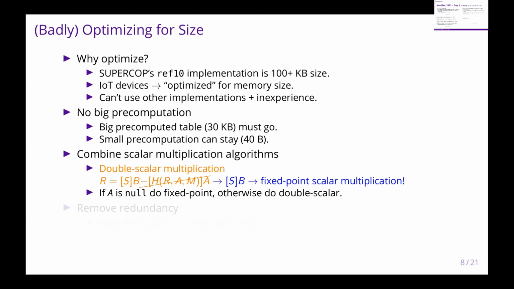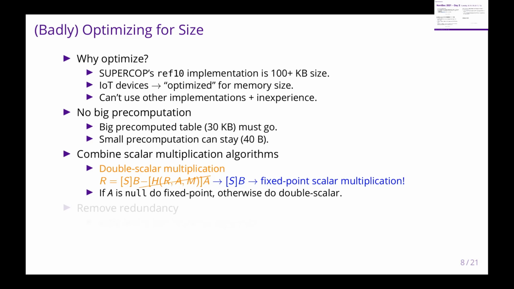Another bad optimization that we could do is to use the double scalar multiplication also as a fixed point scalar multiplication. So in our API, for example, if we only input one of the values, then we can make only one part of the double scalar multiplication.